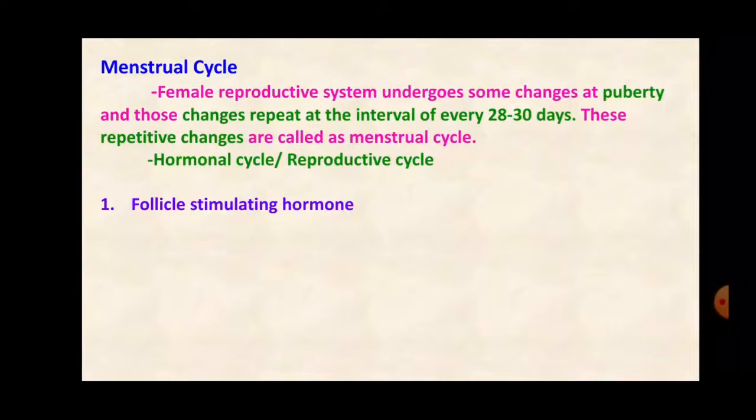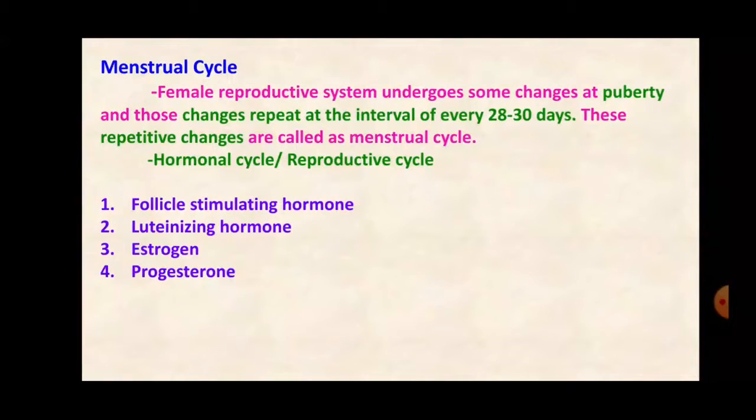The 4 important hormones in this cycle are follicle stimulating hormone, also known as FSH, luteinizing hormone, LH, estrogen, and progesterone.